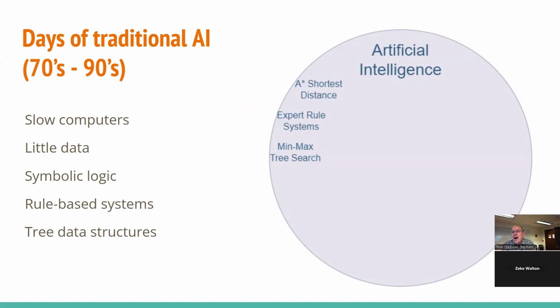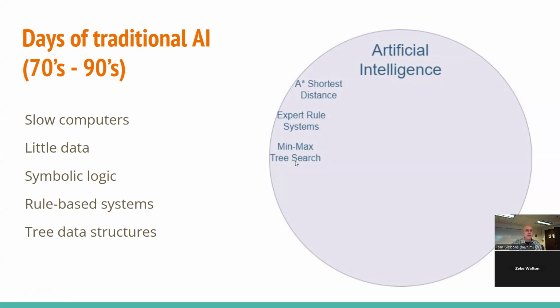Back in the olden days, like when I was in school, we had to program everything into computers and program these algorithms. And there are some standard algorithms: shortest distance, A star algorithm, min max search.